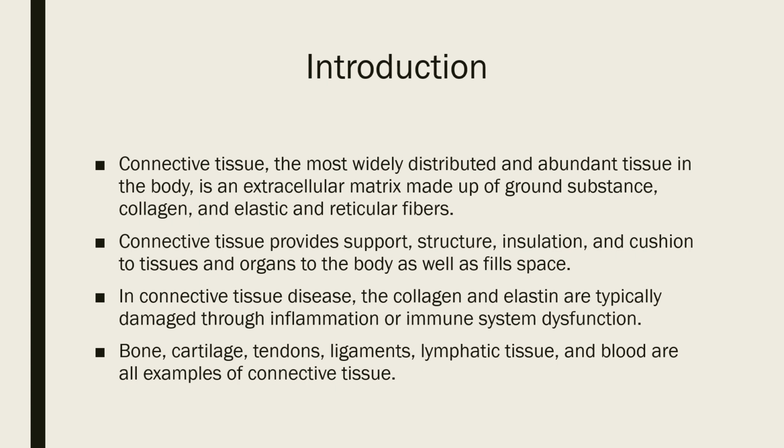In connective tissue disease, the collagen and the elastin are typically damaged through inflammation or an immune system dysfunction. So, bone, cartilage, tendons, ligaments, lymphatic tissue, and blood are all examples of connective tissue.